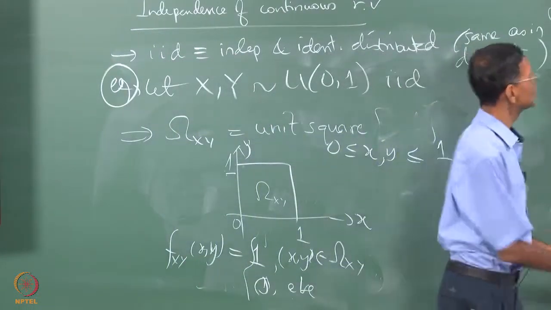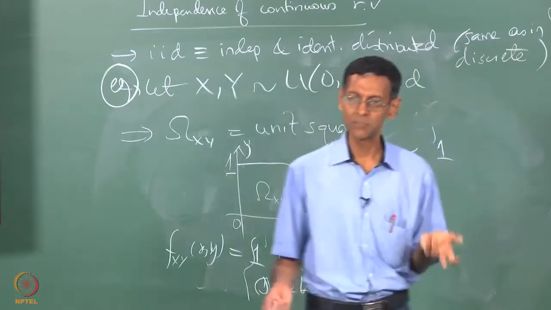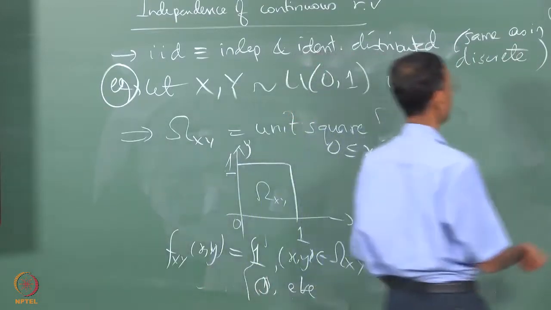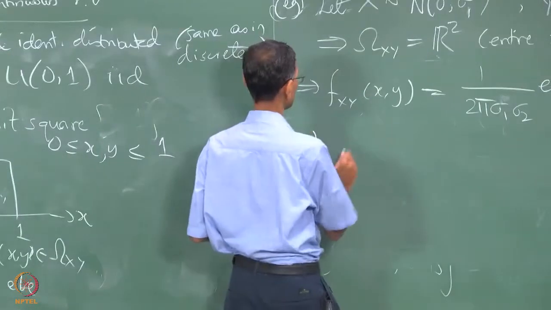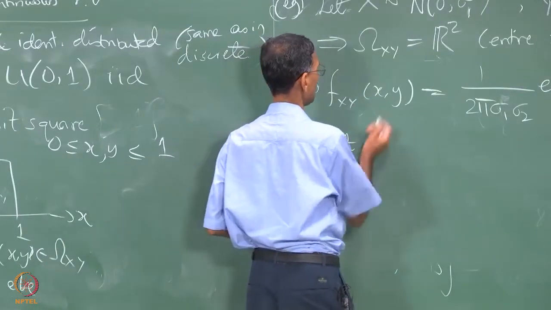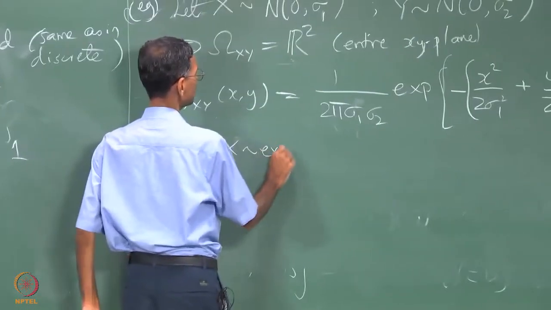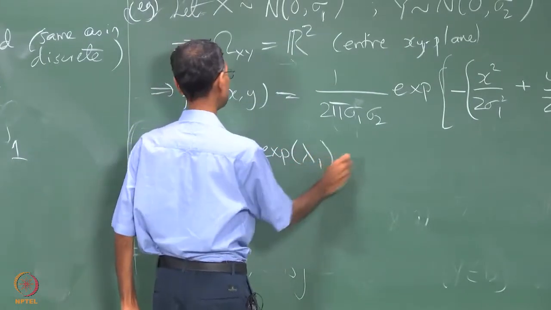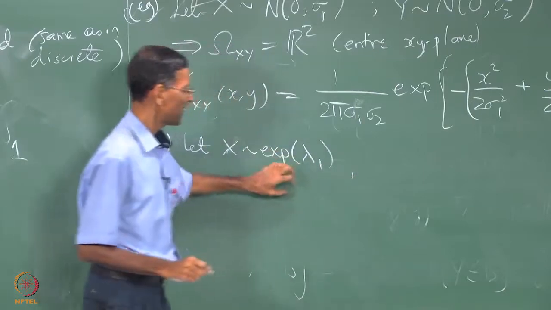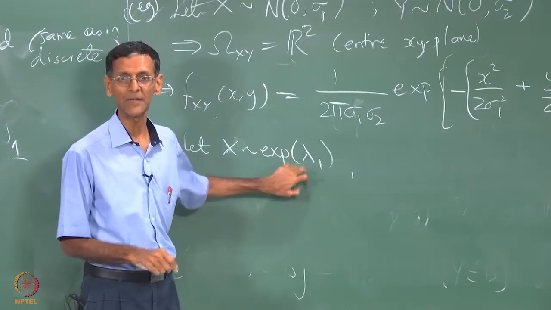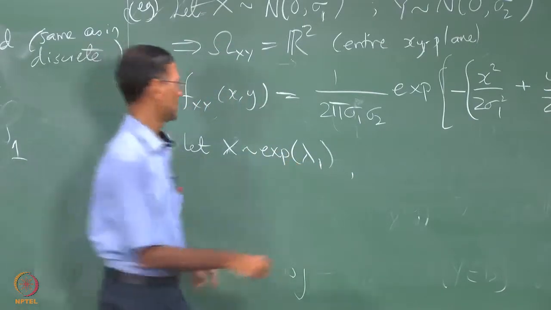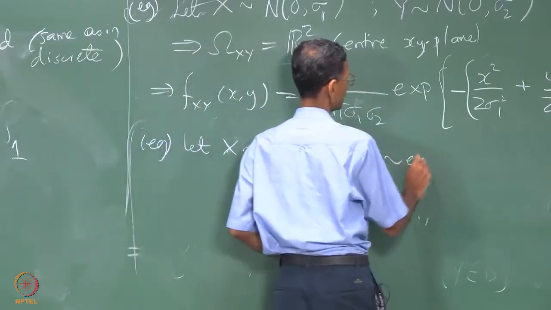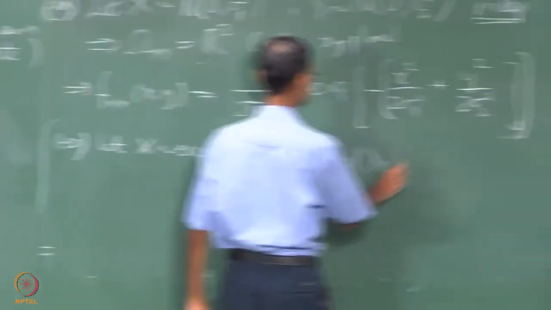If I want to combine two exponentials, which is another very practically significant case, one last example we will do. Supposing I say let x be exponential of lambda 1. This means an exponential distribution with parameter lambda 1, and y is exponential with parameter lambda 2.